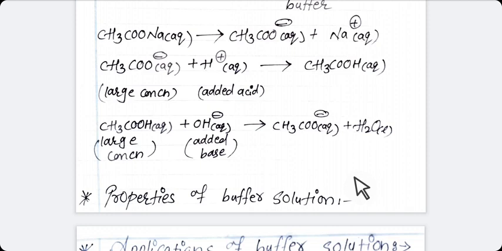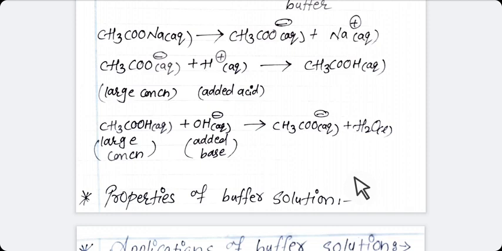Sodium acetate is a strong electrolyte which dissociates completely and produces large concentration of acetate ion. And acetic acid is a weak acid, that's why it gives undissociated molecules. In this buffer solution, we are adding first acid, H plus ion, which reacts with acetate ion and produces acetic acid.